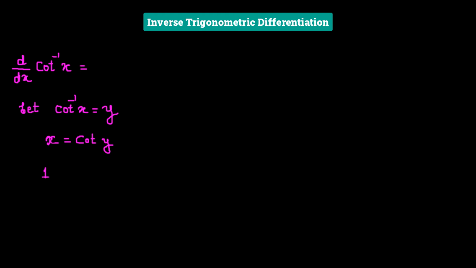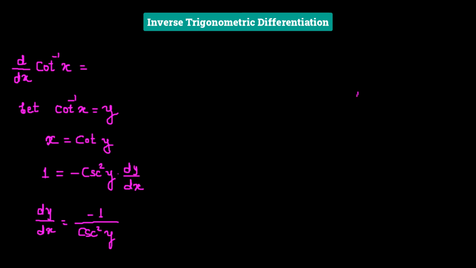So the differentiation of x with respect to x is going to be equal to 1, which will be equal to the differentiation of cotangent of y with respect to x. And we know that the differentiation of the cotangent function is negative cosec squared y times dy over dx. So that gives us dy over dx equals negative 1 over cosec squared y.